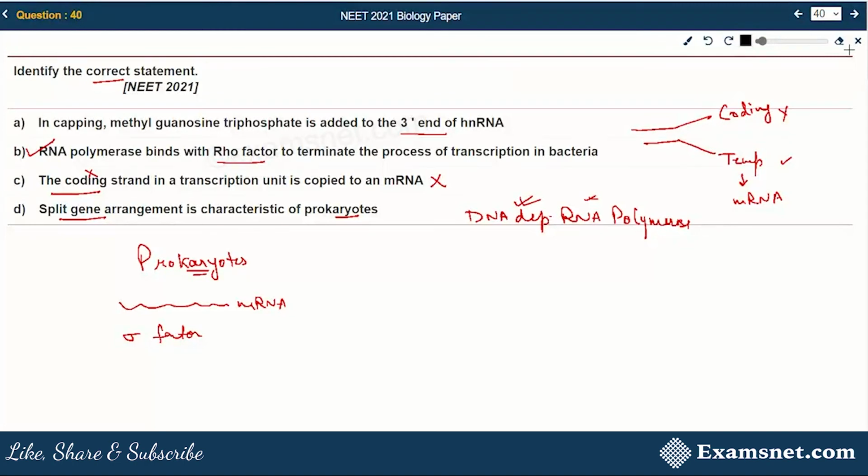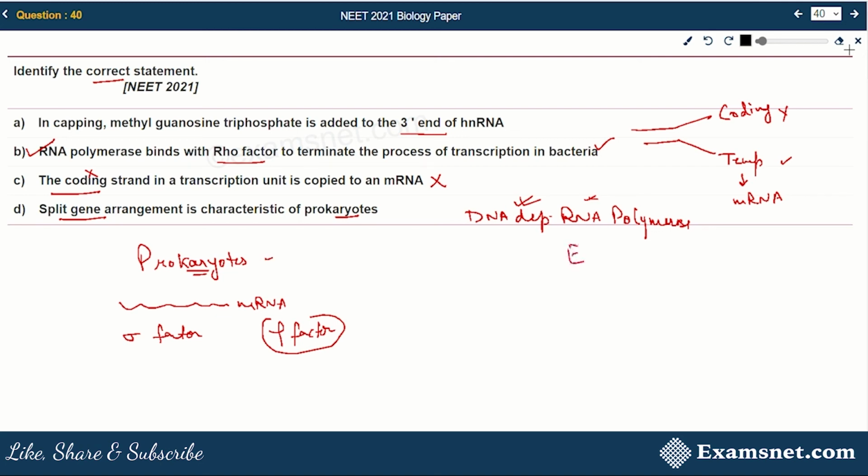Whereas to terminate the process after the transcription is complete, it binds to a factor known as Rho factor. Therefore, option B is correct because it binds to the Rho factor to terminate the process of transcription. Now, this is a simple process in prokaryotes.